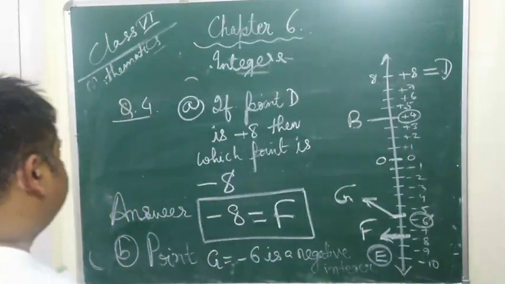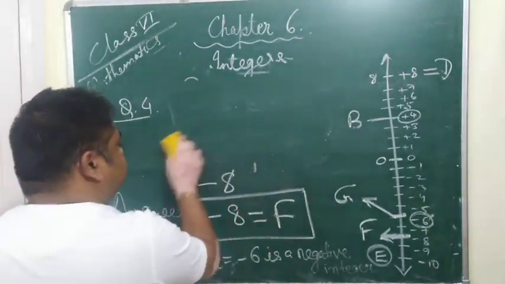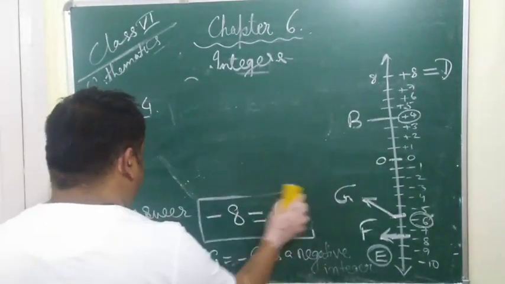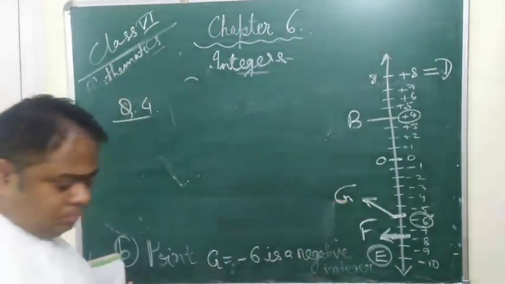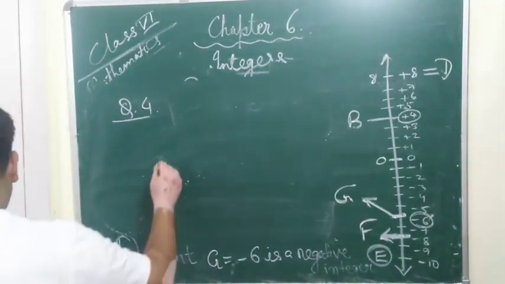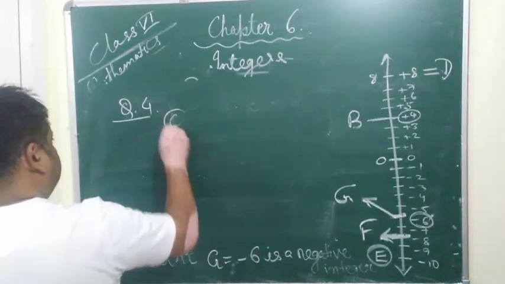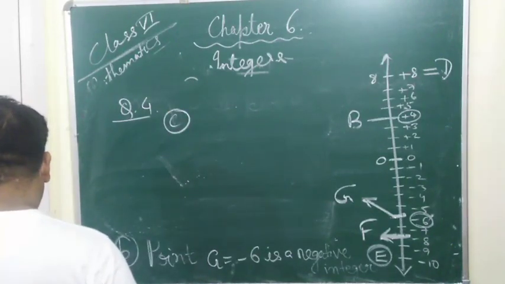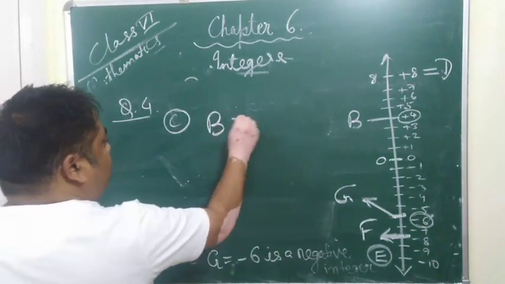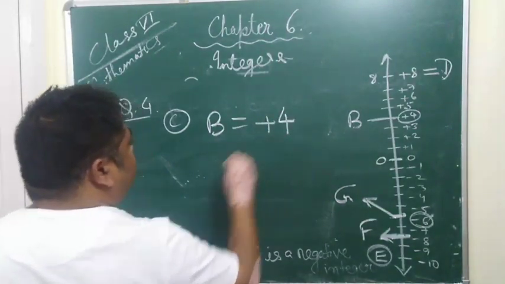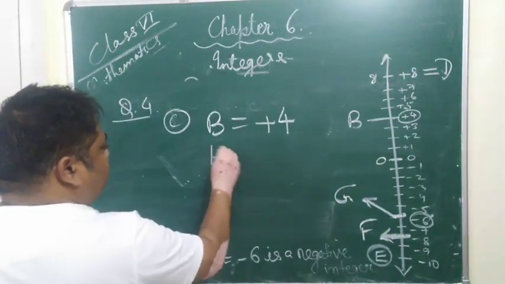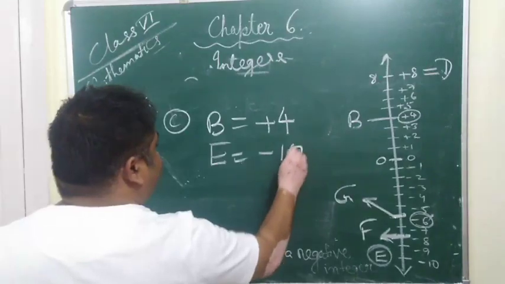So we can write B is equal to plus 4 and E is equal to minus 10.